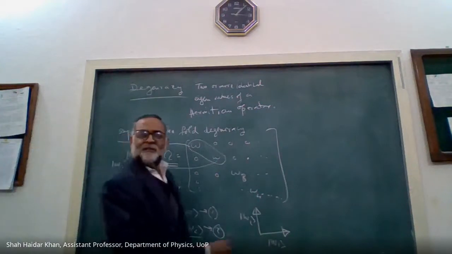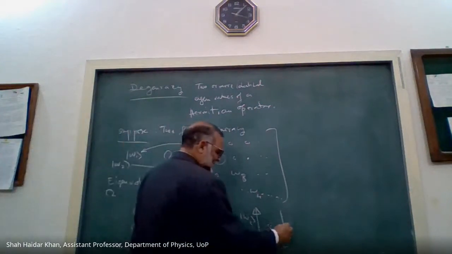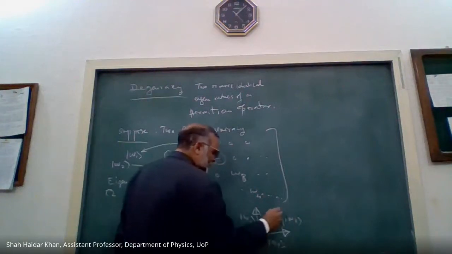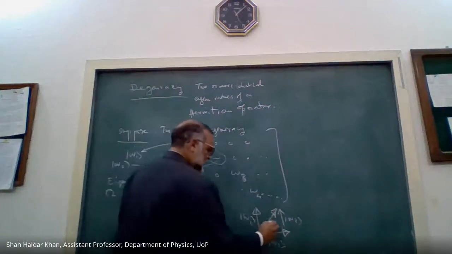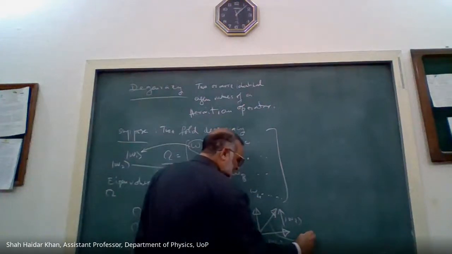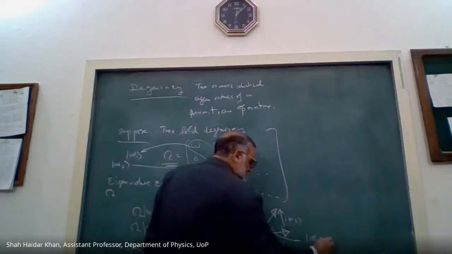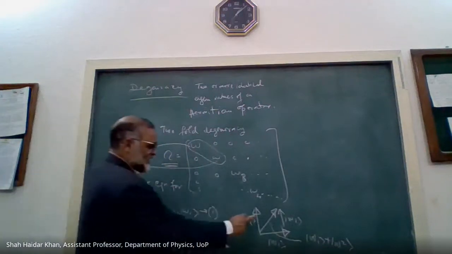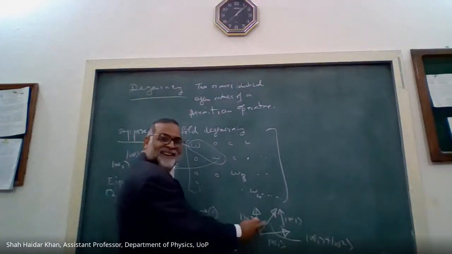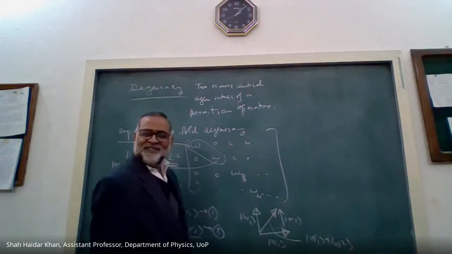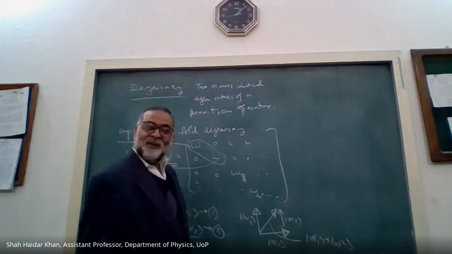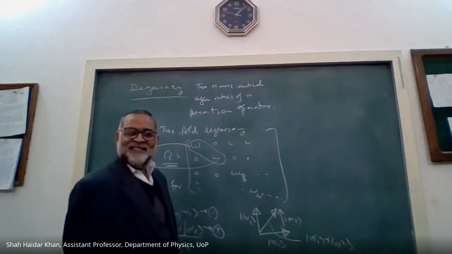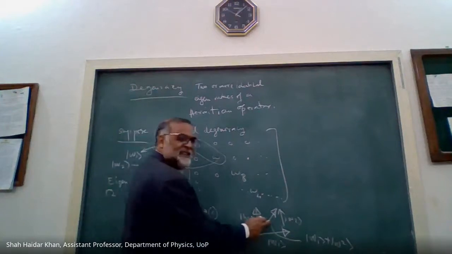A linear combination of them will be something like this, alpha omega 1 plus beta omega 2. These vectors are perpendicular to each other, so they form a plane, a two-dimensional basis. And there is a linear combination.